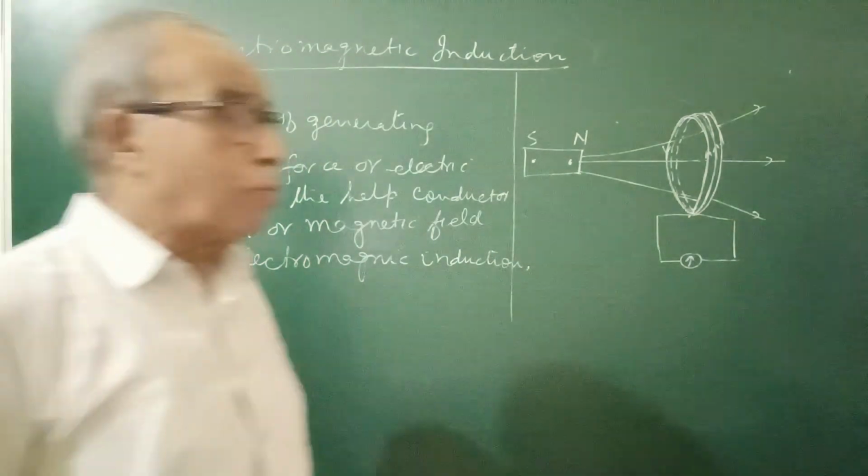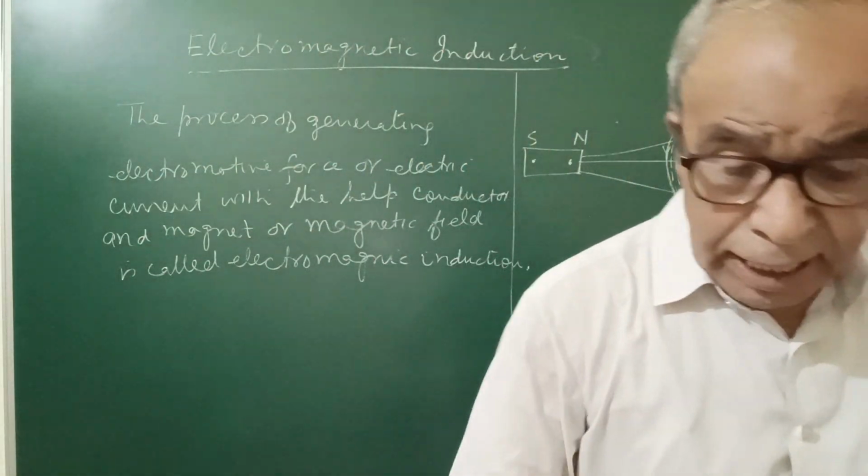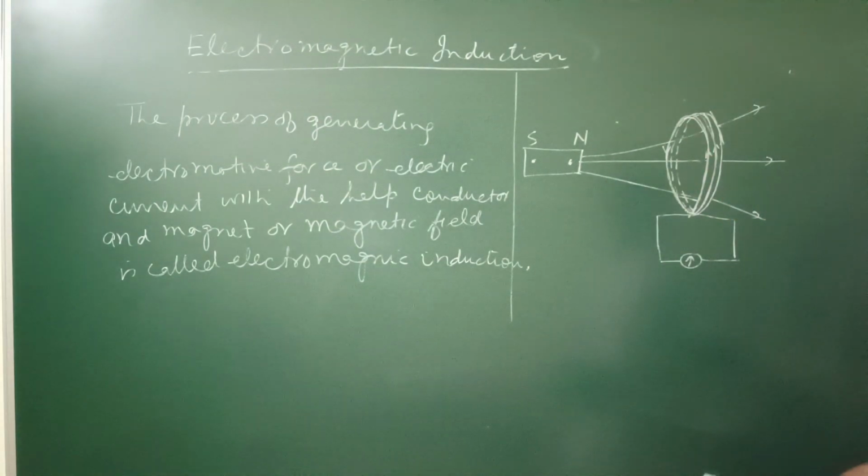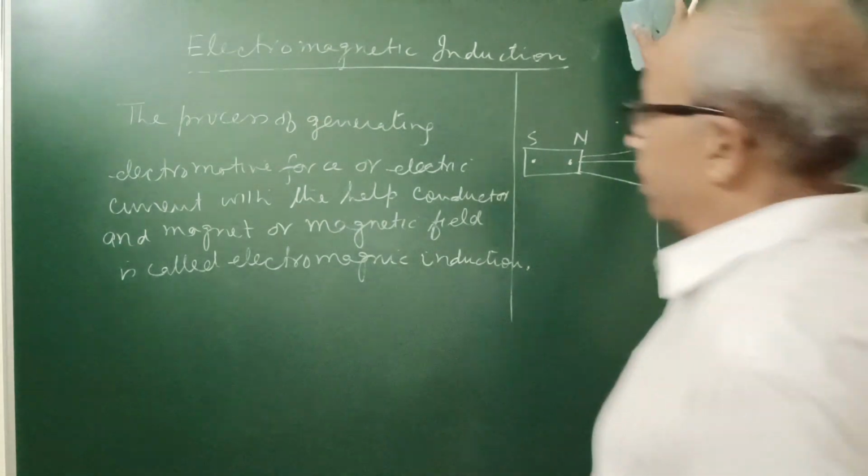Electromagnetic induction is the process of generating EMF or electric current with the help of magnet and conductor. This was proposed by Faraday.